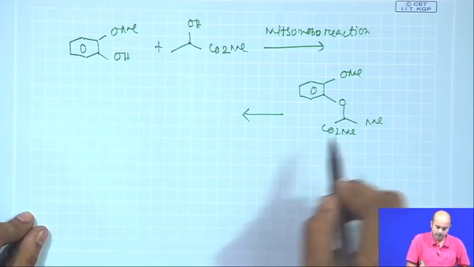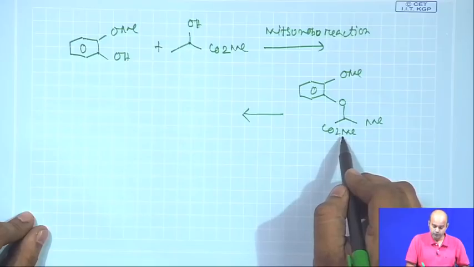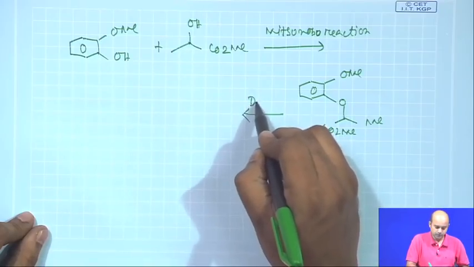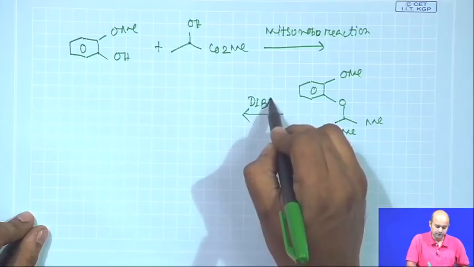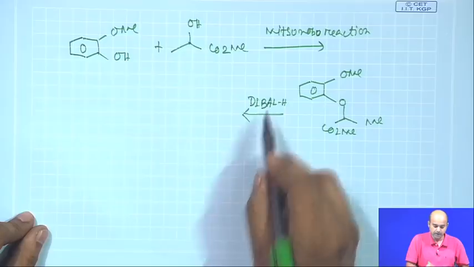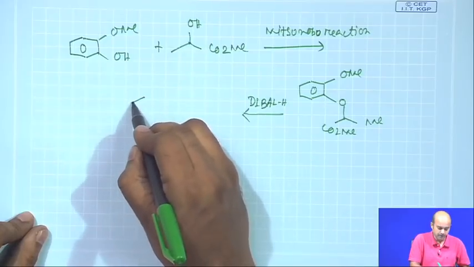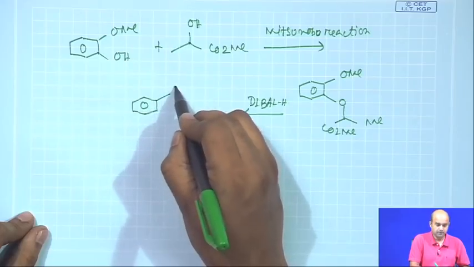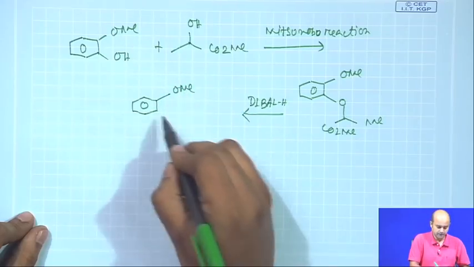Now, what do you do? You need to introduce an allylic alcohol functionality here. So, selectively you can reduce this ester in one step by treating with DIBAL, diisobutylaluminum hydride, which you already explained is basically a mild reducing agent.